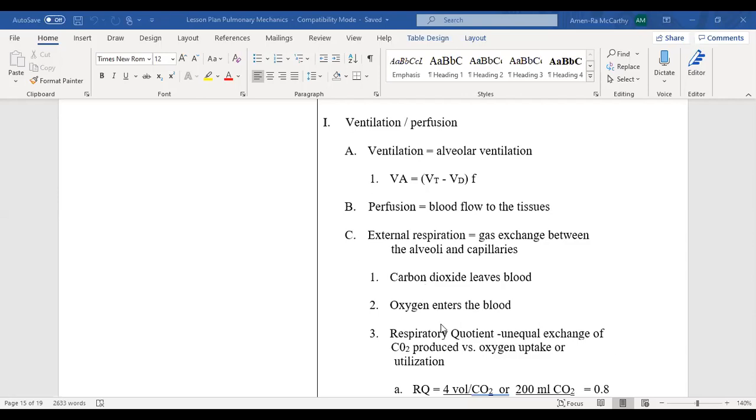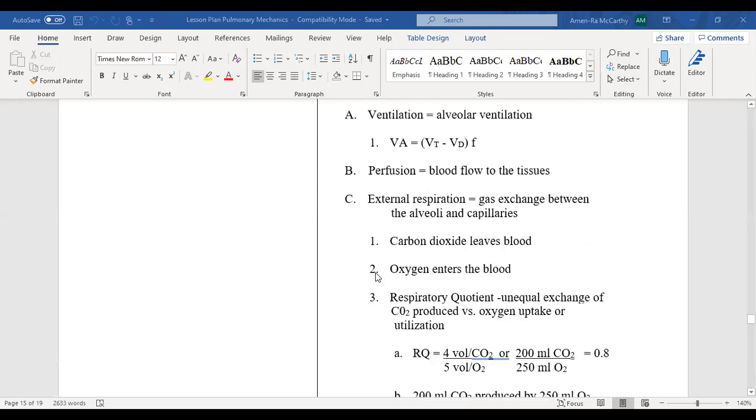External respiration: carbon dioxide leaves the blood and oxygen enters the blood because of the pressure difference.